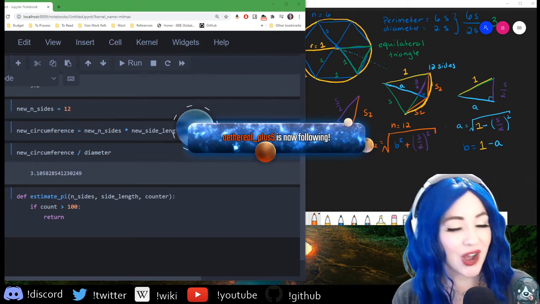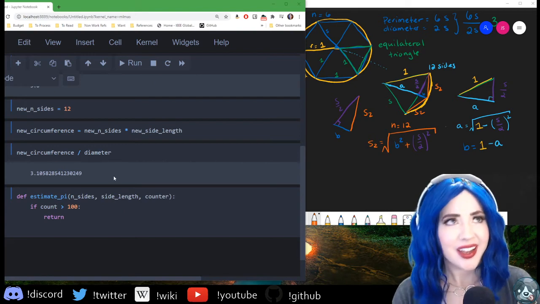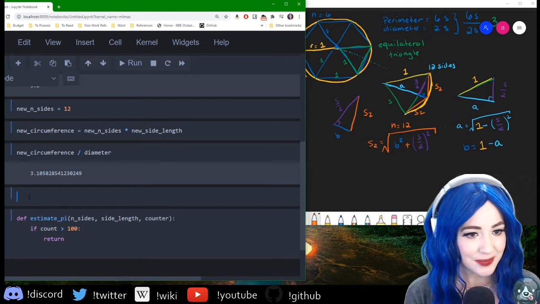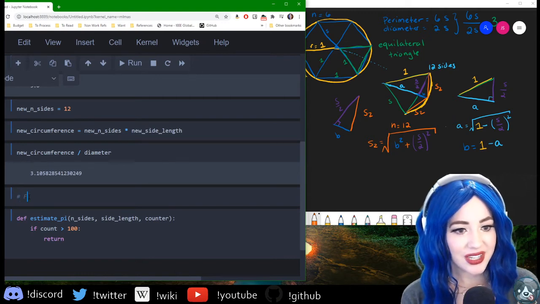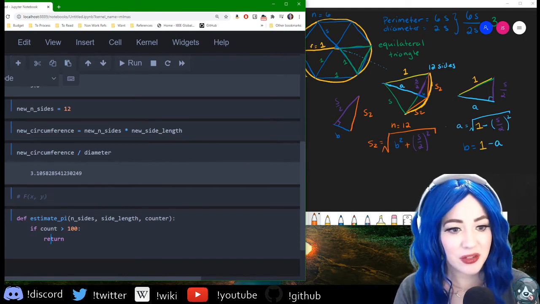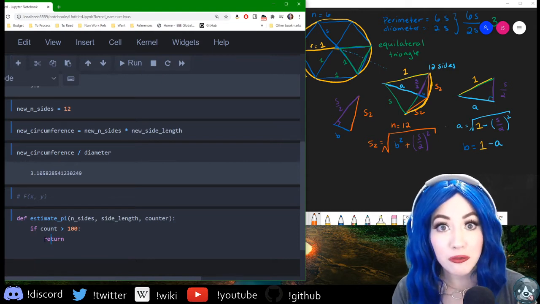So actually, one thing I realized while I was getting more to drink is that all of you wonderful Math Monday humans already know what a function is. I'm so silly. Duh. So this is just like, you know how you have f of x and y? That's all this is. We just have to put a def in front so that the coding language knows we're making a new function.